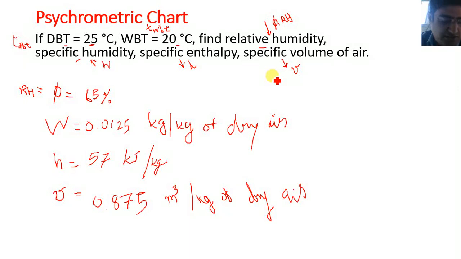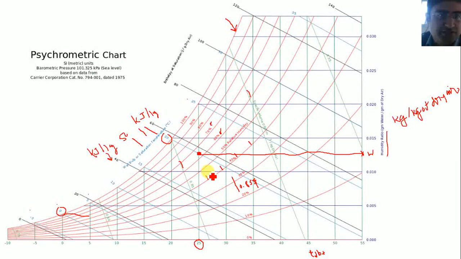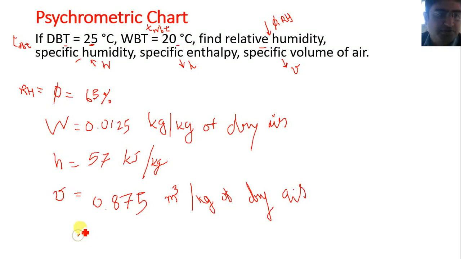And at last, if you want to find out the value of dew point temperature, then how can you find it at this point? Just extend this line onto this curve. Here you can see the value of temperature at this point is 15, and at this point is 20 degree. So here it becomes 17.5, so the dew point temperature is about 17 degree. So the value of dew point temperature is equal to 17 degree Celsius.